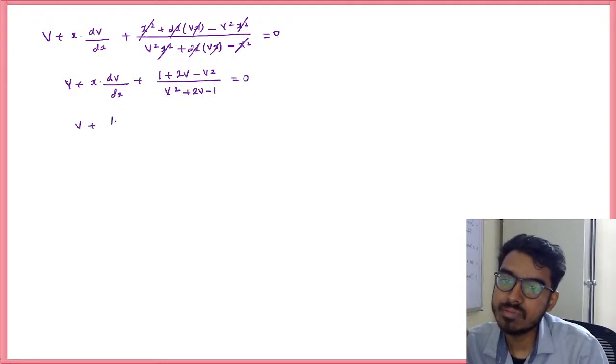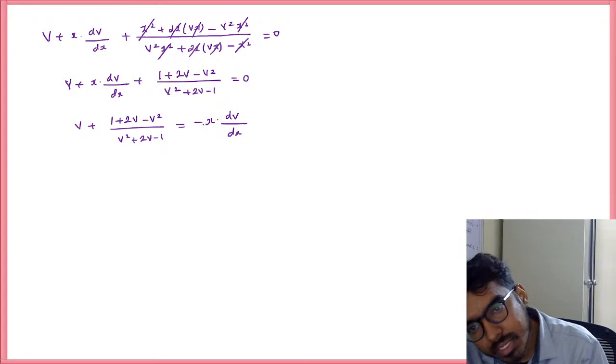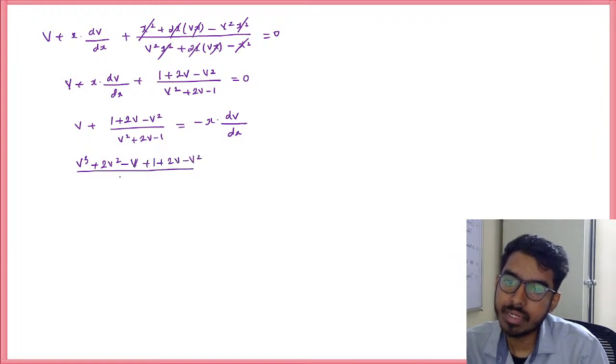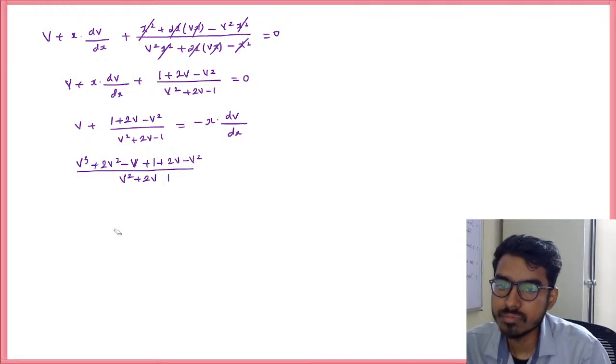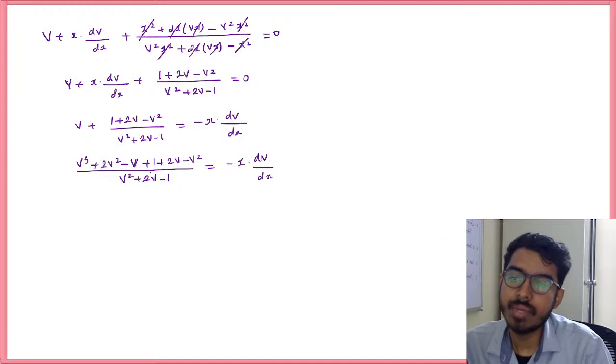It will be v plus (1 plus 2v minus v square) divided by (v square plus 2v minus 1) is equal to minus x into dv by dx. Simplify this, so this will be v cube plus 2v square minus v plus 1 plus 2v minus v square divided by (v square plus 2v minus 1) is equal to minus x into dv by dx.